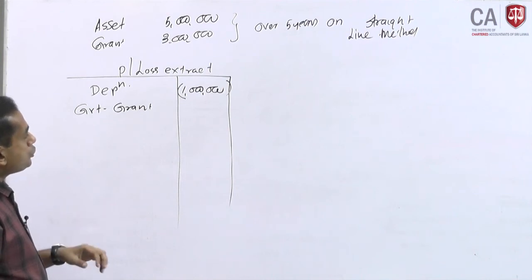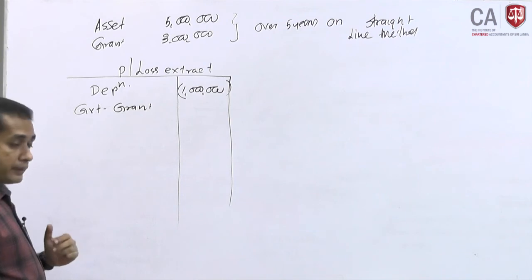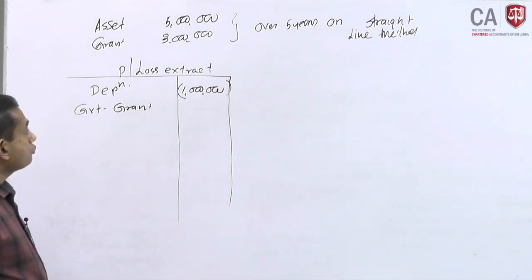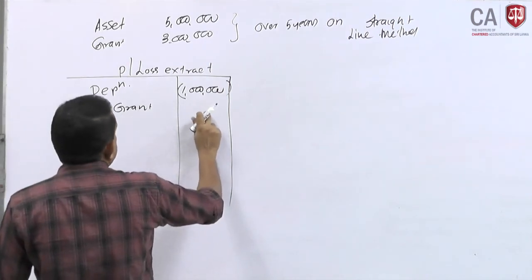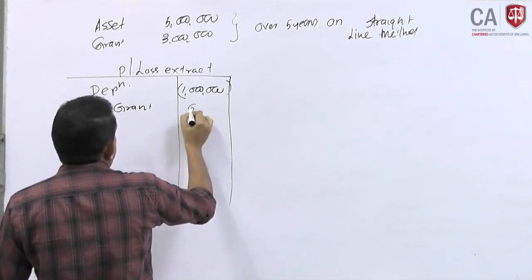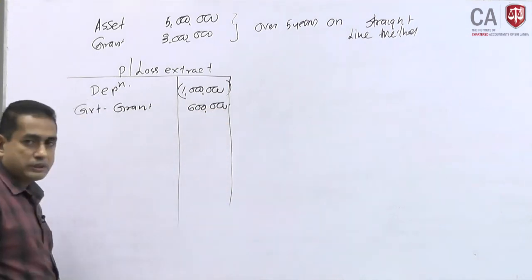Let us see what the amount should be. 3 million rupees has to be recognized to profit and loss over 5 years, and how much should be the amount of grant to the first year's profit and loss? That has to be 600,000 rupees. So, this is how the profit and loss statement looks.